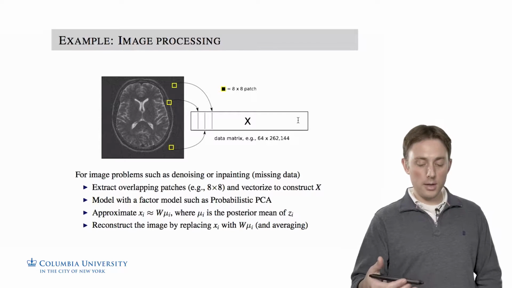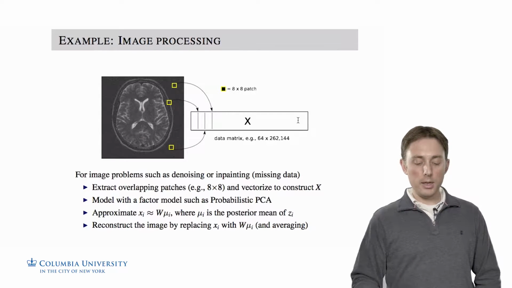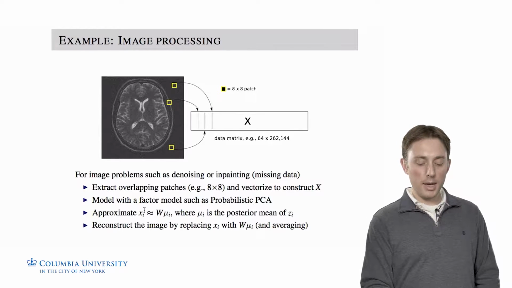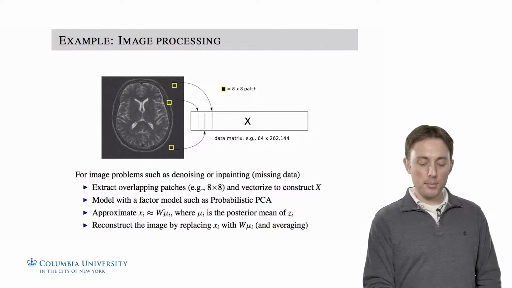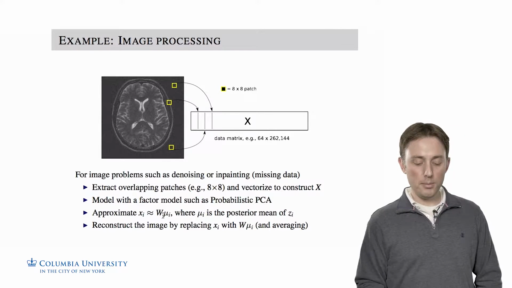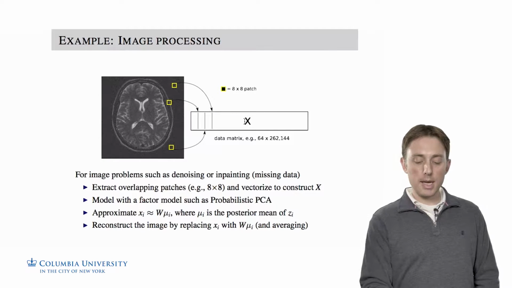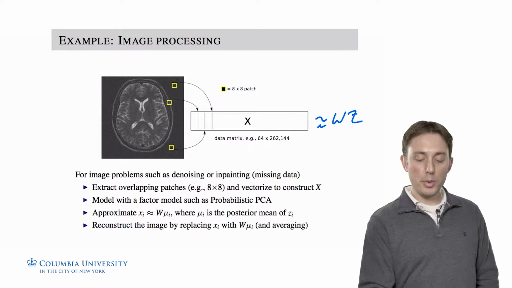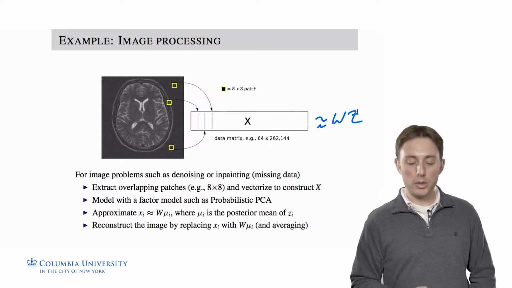Then what we do is we factorize using probabilistic PCA to approximate xi as the product of W with the conditional posterior mean mu I. So we're saying that this x is approximately equal to W times Z. Remember, we don't learn Z, we learn a conditional posterior of it.